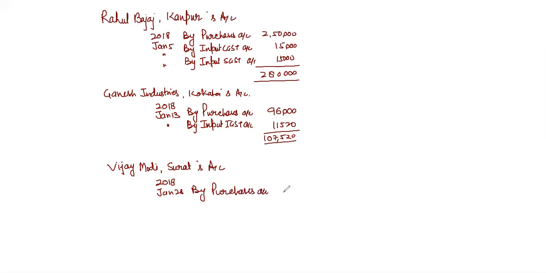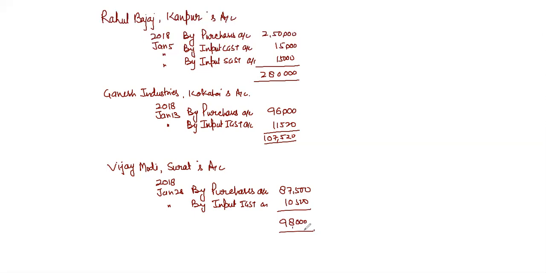And a trade discount is also there, 12.5%. So after deducting trade discount, purchase price will be 87,500, and on 87,500 we will charge input IGST. So by input IGST account, and that amount will be 10,500. So like this, total amount will be 98,000.